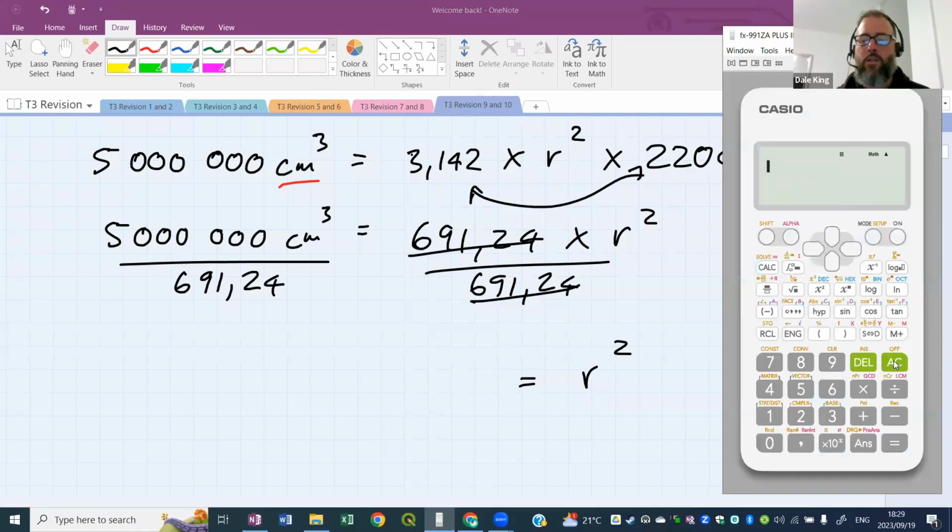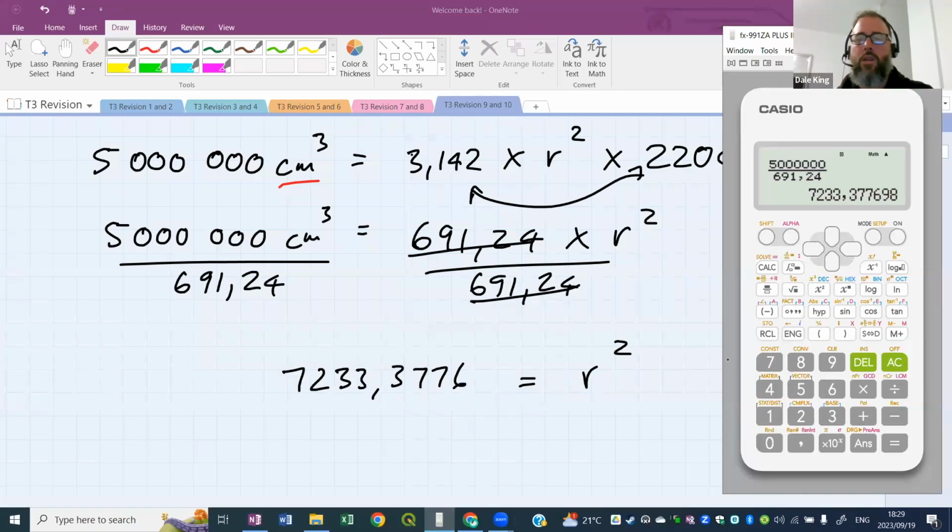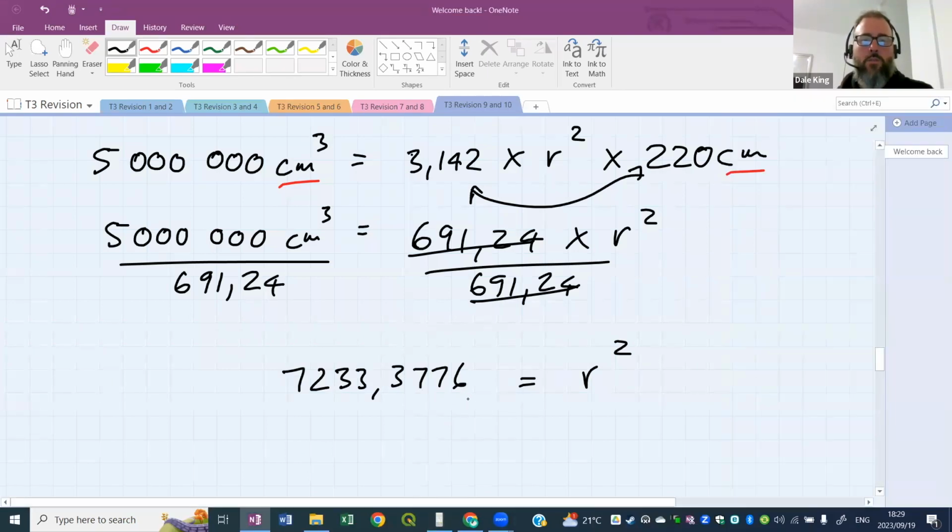So let's find out what that is. 5 million divided by 691,24 is 7233,377.6. I think I'm writing 4 decimals. You could write them all, but 4 decimals should be enough for this.